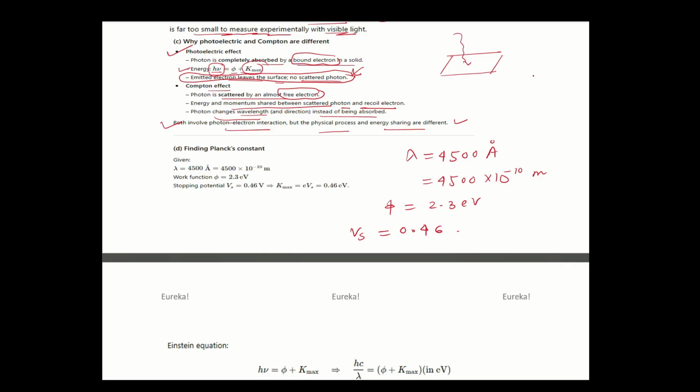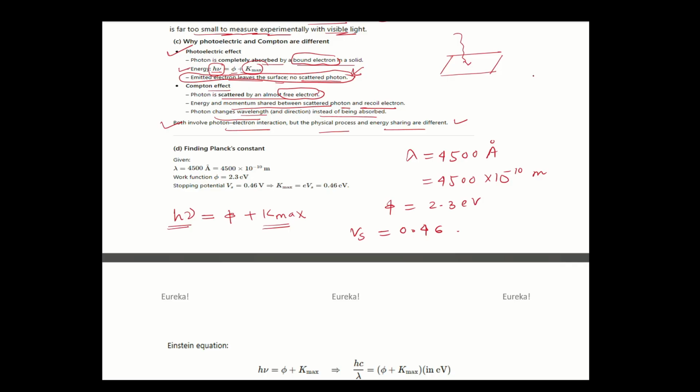In general we know the Einstein equation: h nu, the energy of the incident photon, is equivalent to phi, the work function, plus the kinetic energy of the electron, K max, the maximum kinetic energy.